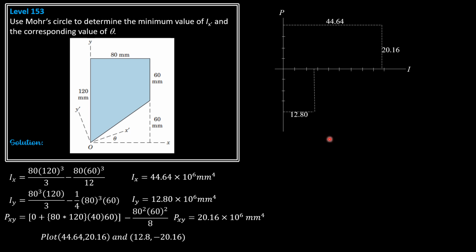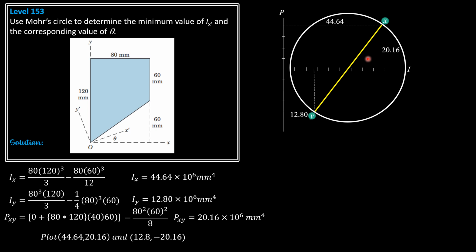Then we connect the two with a straight line, which is the diameter of the circle. Then draw the circle as shown. So that's the x, and this is the other end, which is the y-axis, and the circle. And the center would be the average of 44.64 and 12.8, here.